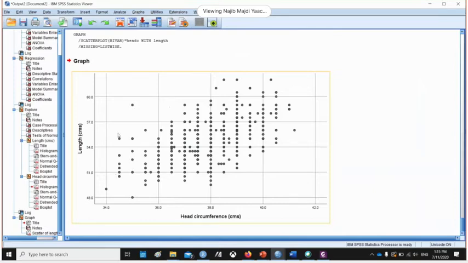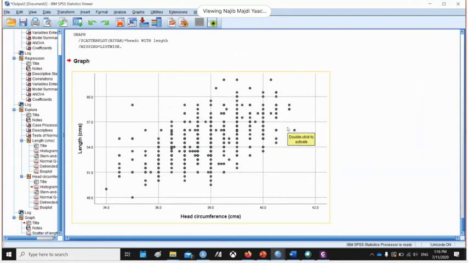Here you can see an approximately elliptical shape in the relationship between head circumference and length, and we can see that the relationship is more or less linear, with more or less normal distribution of y at each value of x, and the dispersion of y within each value of x is more or less equal.